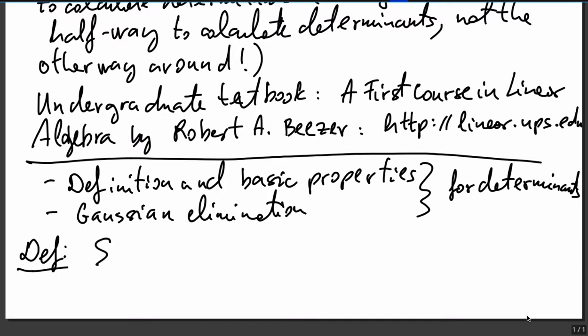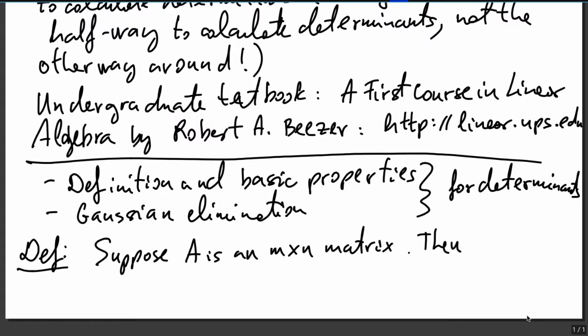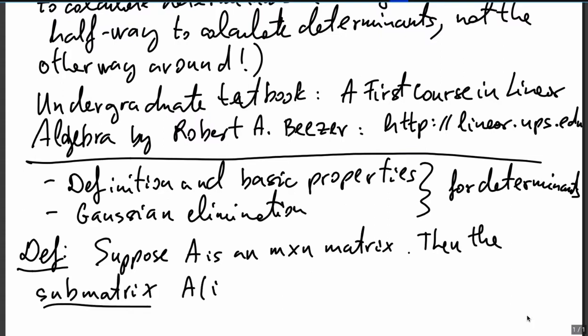Some definitions. First of all, suppose A is an n by n matrix, then the submatrix denoted by A(i|j). There are some other notations for this. This is what this undergraduate textbook I am referring to is using.